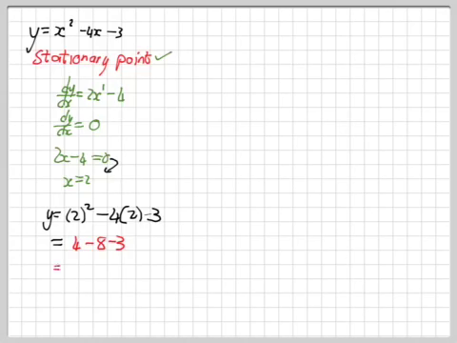So 4 minus 8 is negative 4, minus 3 is negative 7. So therefore my turning point is at (2, negative 7). Now, I'm using the word turning point simply because I know it is a parabola, because it's an x squared.